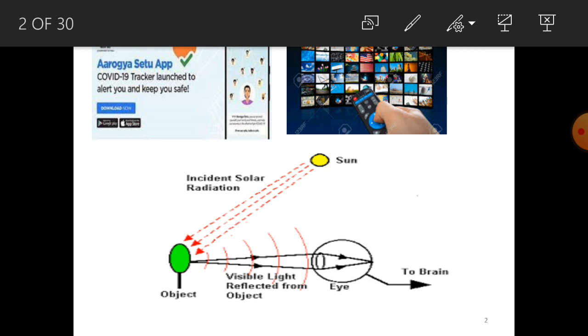Remote sensing is the word which refers to remote, meaning far or distant, and sensing, meaning collection or gathering of information. So, remote sensing generally means collection of information of objects or phenomena without coming in contact with them.